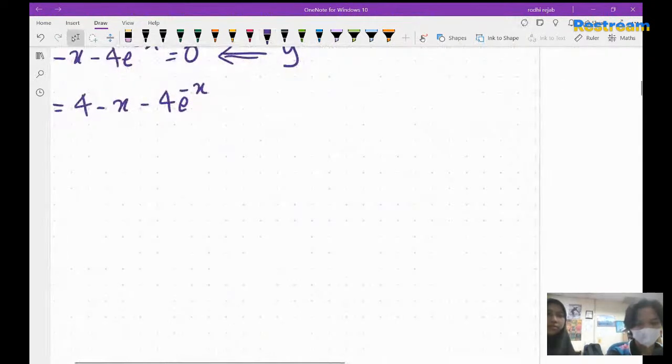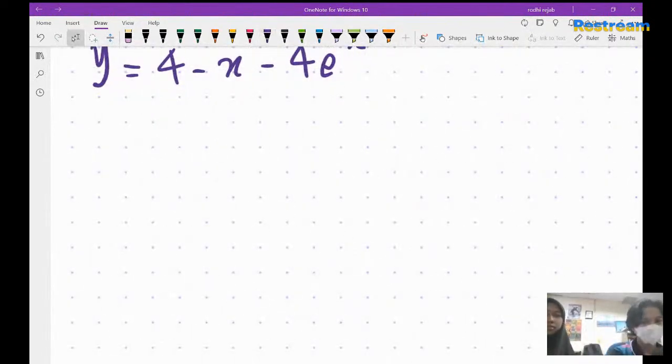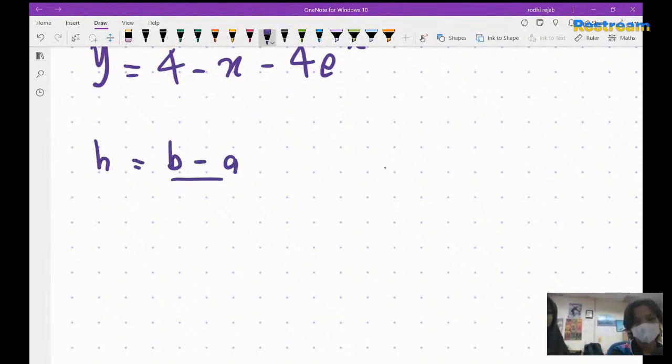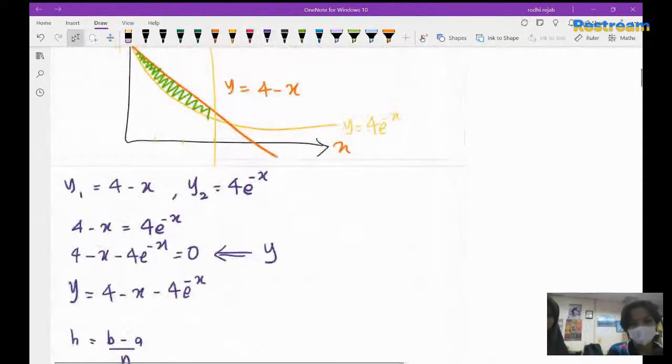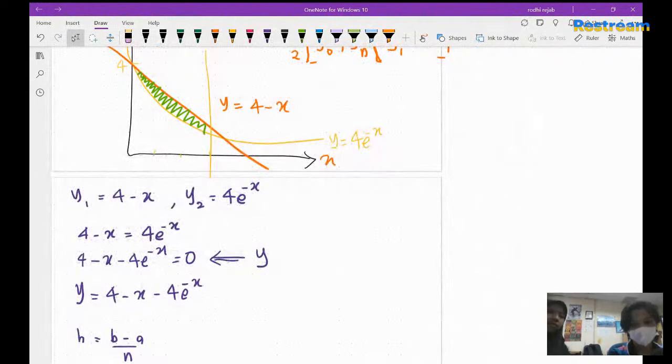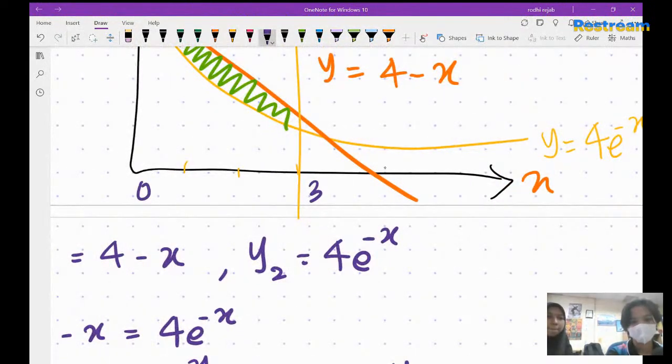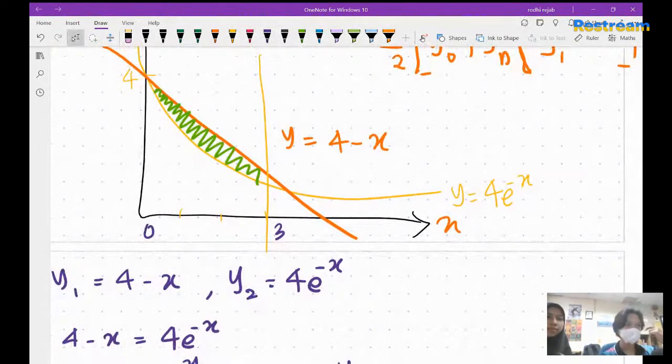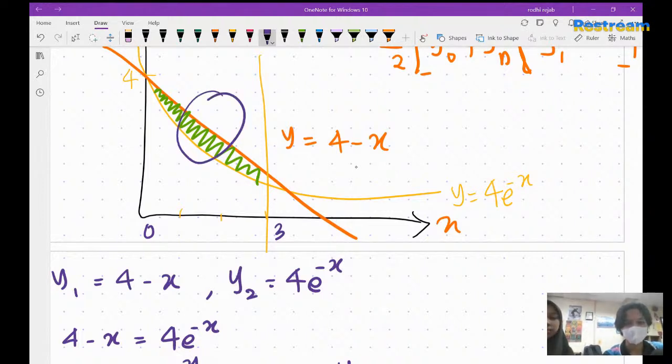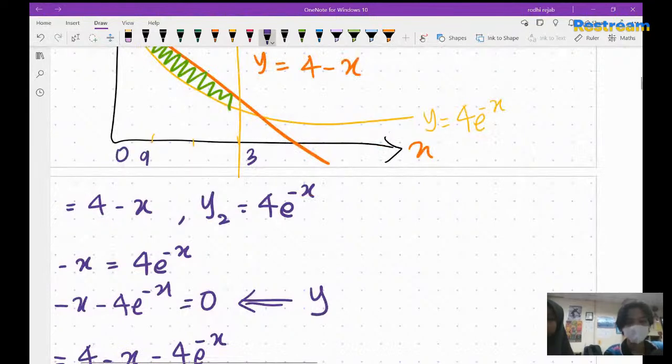And then to do the table, we have to calculate h, which equals b minus a over n. Look back at the graph. Here is 3, here is zero. If we want to find the area, we integrate the equation bounded from where to where: 4 minus x minus 4e^(-x) bounded from 0 until 3. So 0 is a, 3 is b.